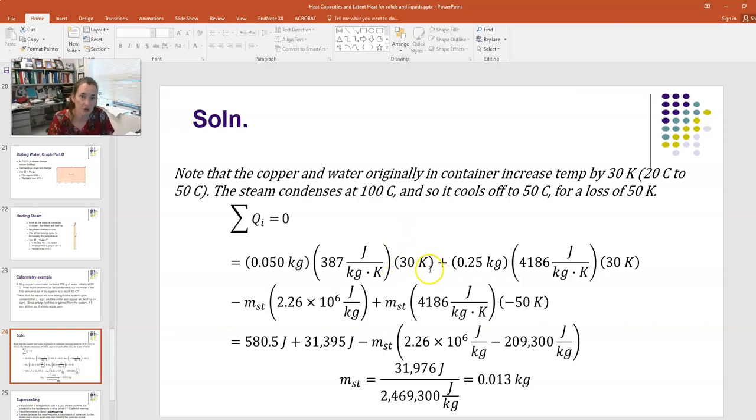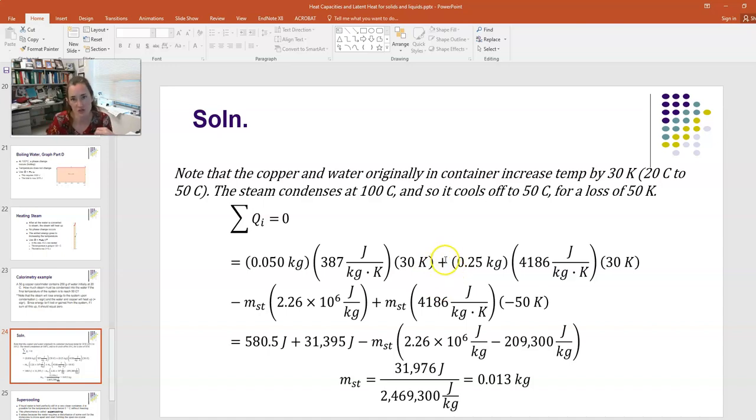It's going to increase from 20 to 50. So T final minus T initial would be 50 minus 20, which is 30. Okay, so we have a 30 Kelvin temperature change here. So my Q is equal to mc delta T for the copper would be 0.05 times 387 times 30. Okay, so that's my first contribution to the sum of the Q's.